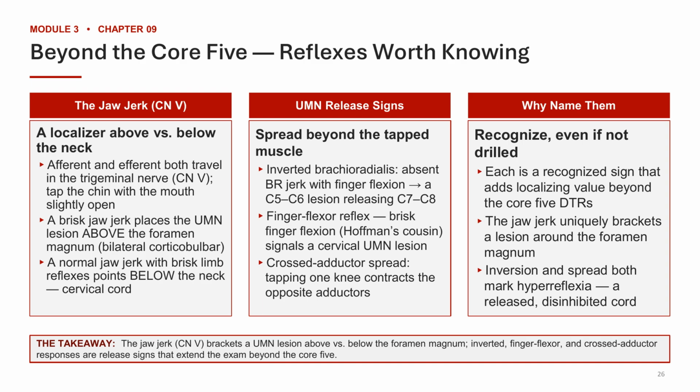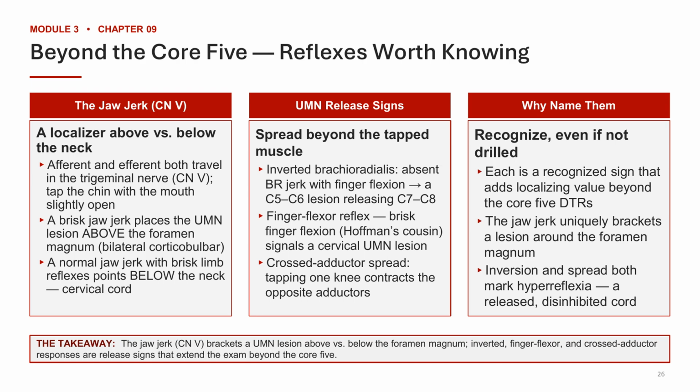A brisk jaw jerk places the lesion above the foramen magnum, implying bilateral corticobulbar involvement. A normal jaw jerk with brisk limb reflexes places it below the neck, cervical cord. That is genuinely useful bedside reasoning, and it costs you five seconds. Then two release signs involving spread beyond the muscle you struck.